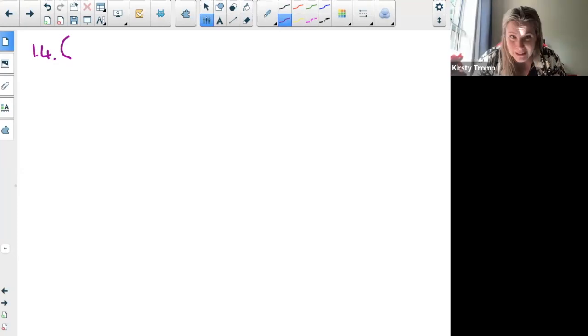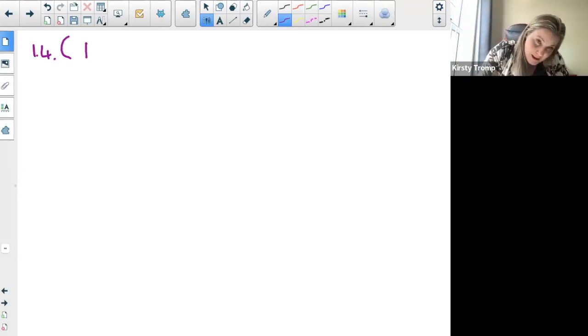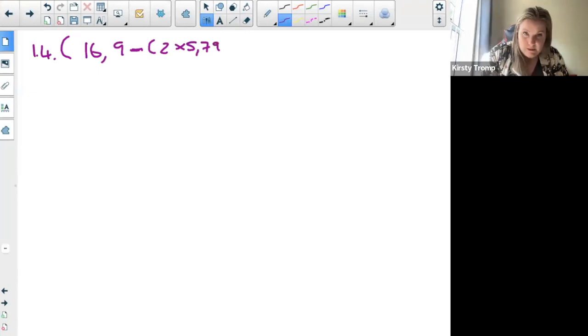Okay. So for me, if it's 2 standard deviations outside of the mean, I open up my brackets. First of all, the mean is 16,9. All right. And the first thing I always do is I open up brackets and I say 16,9 minus 2 standard deviations, 5,79.